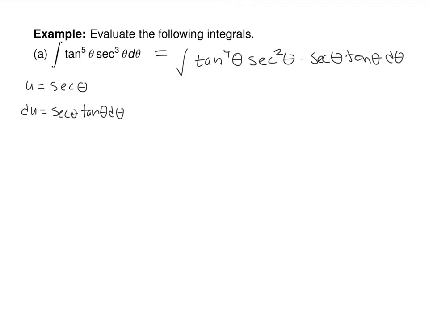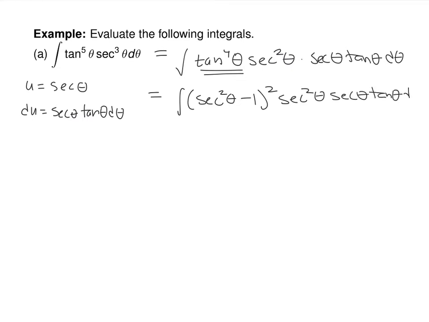Now tangent to the fourth, that can be replaced by secant squared minus 1, the quantity squared, and now we're ready to substitute.